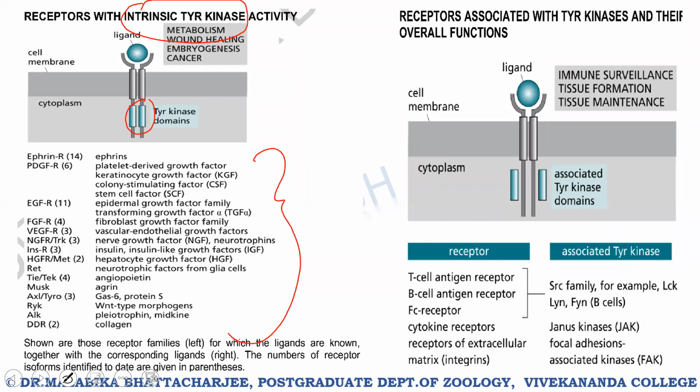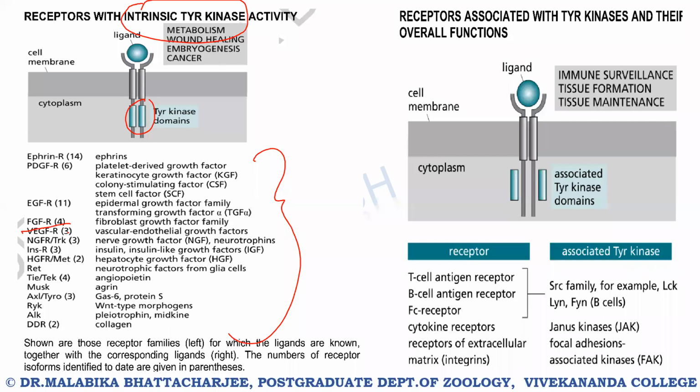And when you study cell cycle, you will understand the importance of the platelet derived growth factor. Another important signaling receptor is the fibroblast growth factor. This is also important. So these are the receptors that have intrinsic tyrosine kinase domain. That is, the receptor itself is armed with the tyrosine kinase activities.